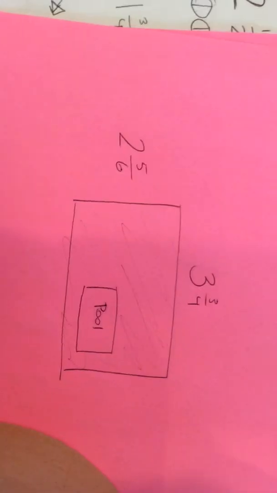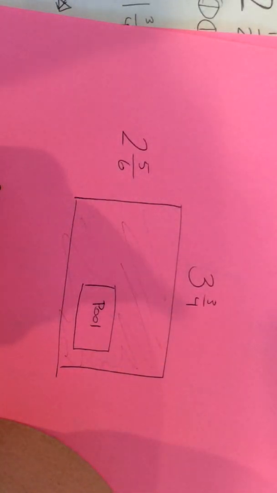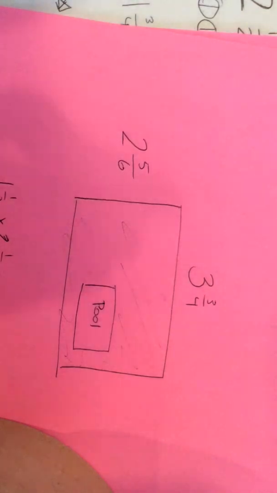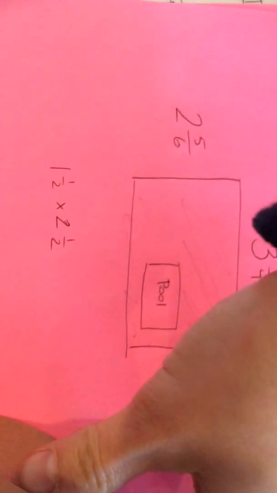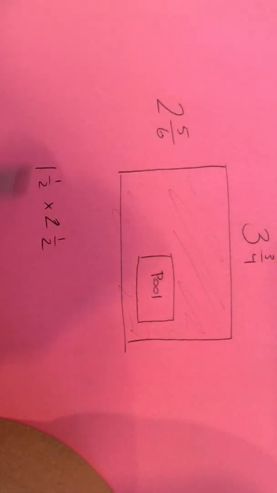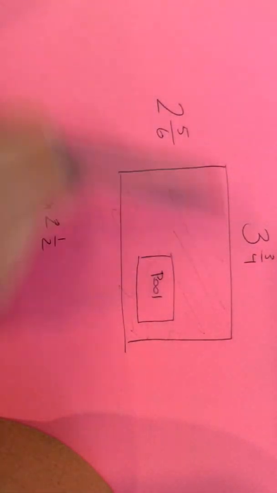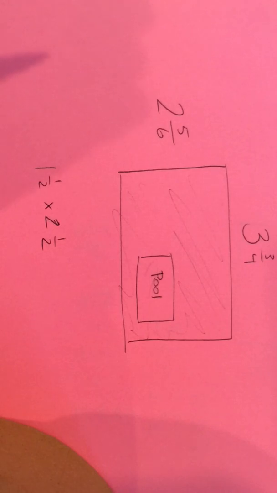So if they tell you that the pool dimensions are like 1.5 times, I don't know, 2.5, I don't know what size pool this would be, you would have to multiply that together to find the area of the pool and then subtract it away from the area of the whole backyard.